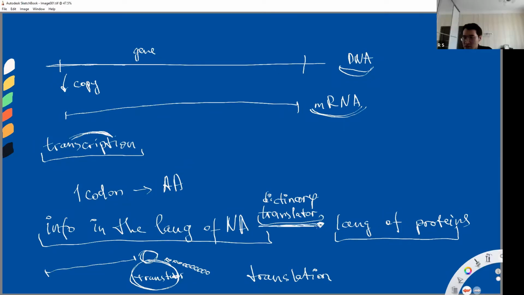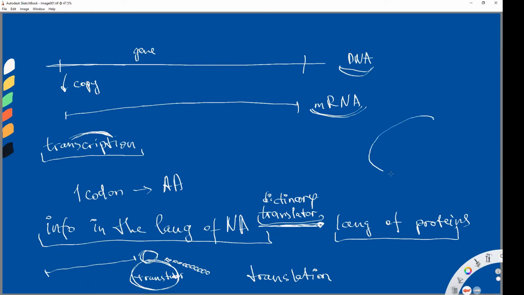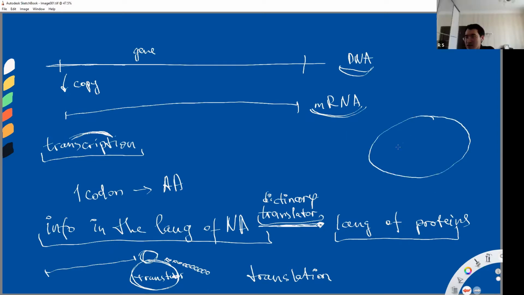Okay, so replication of DNA is needed when we have a cell and it performs division. So this cell will give two daughter cells, daughter cell 1 and daughter cell 2. And usually you really need to give both daughter cells the same genetic information. Otherwise you will get something like cancer in the end.